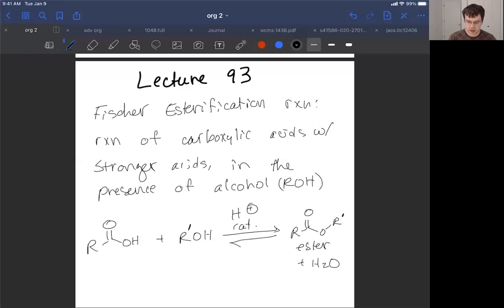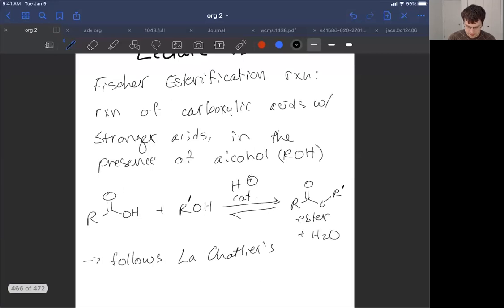Turns out that this is an equilibrium process that follows Le Chatelier's principle, whereby if you have more alcohol, this is going to lead to more ester.